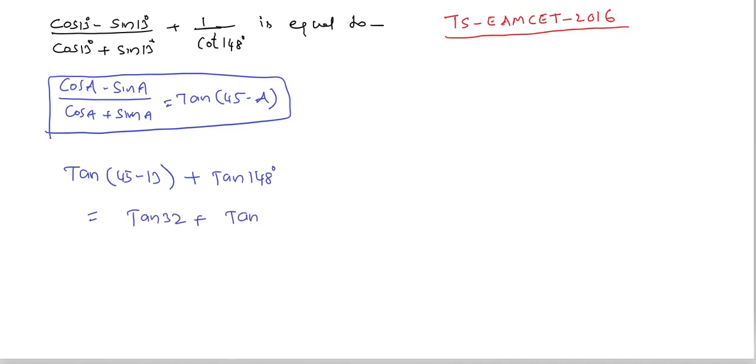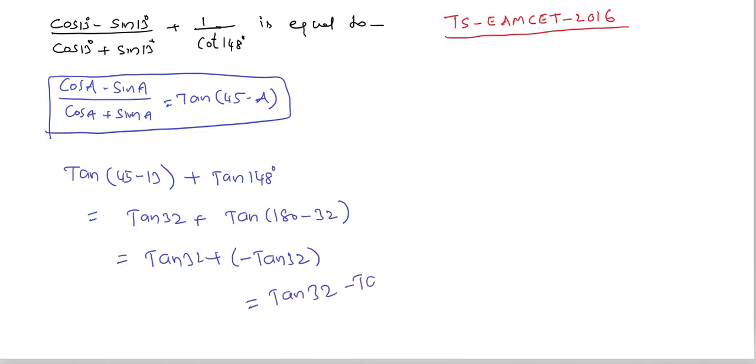Tan 148 is written as tan of (180 minus 32), equal to tan of (180 minus theta), that is minus tan 32. So tan 32 minus tan 32 cancel, that is equal to 0.